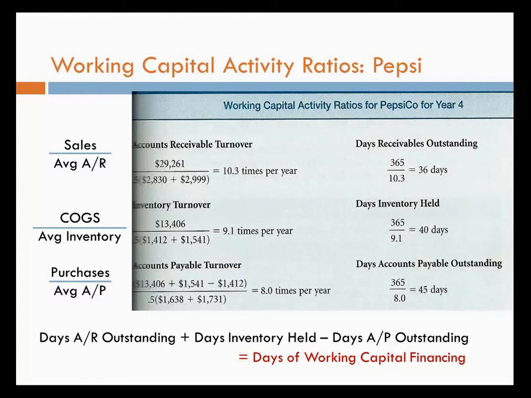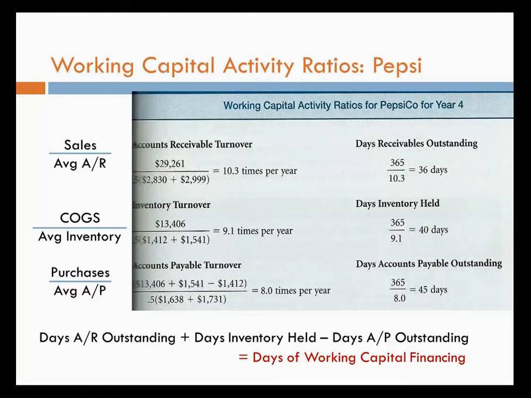For the days receivable outstanding, what would you consider a good number? Is it all depending on the company? It's really depending upon the company. What would you consider a good number if somebody owes you money? Well, as long as the payables are longer than receivables, then I guess that would be good. Right.